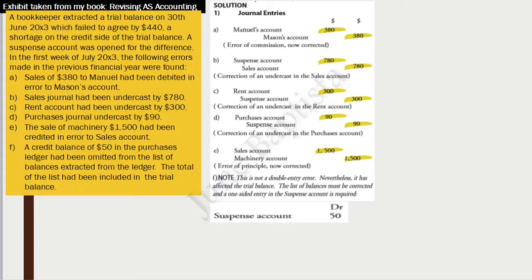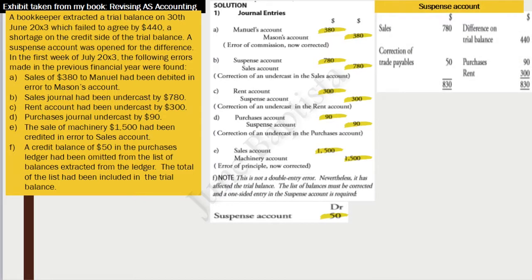The error was made when a transfer was being made between the ledger and the trial balance. Nevertheless, it has affected the trial balance. The list of balances must be corrected, and a one-sided entry in the suspense account is required. Since the credit balance was omitted, we will debit the suspense account with $50.